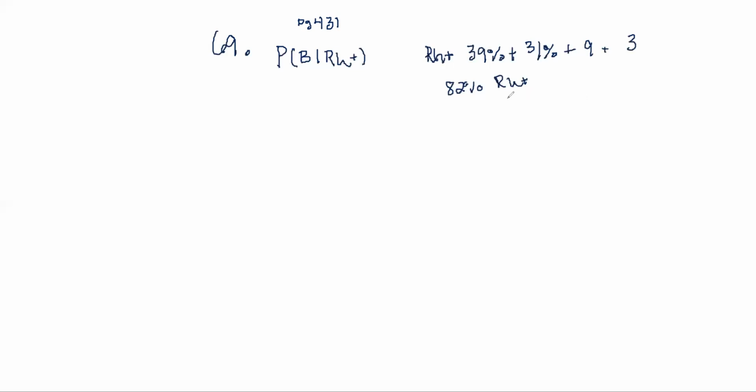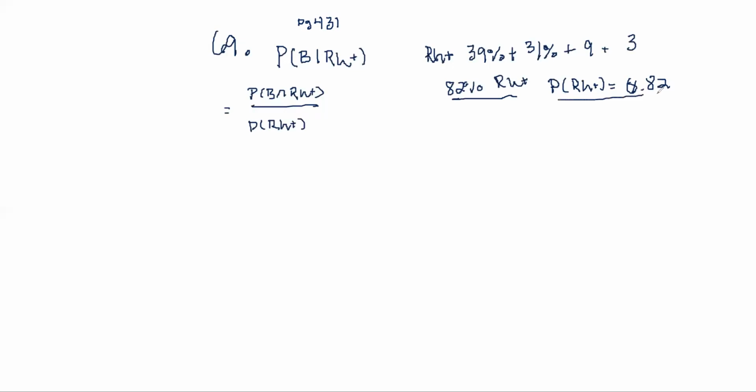Okay, so 82% chance of being Rh positive. Another way of writing this is the probability of being Rh positive is equal to 0.82. So this is equal to the probability that B intersects being Rh positive, over the probability that one is Rh positive.